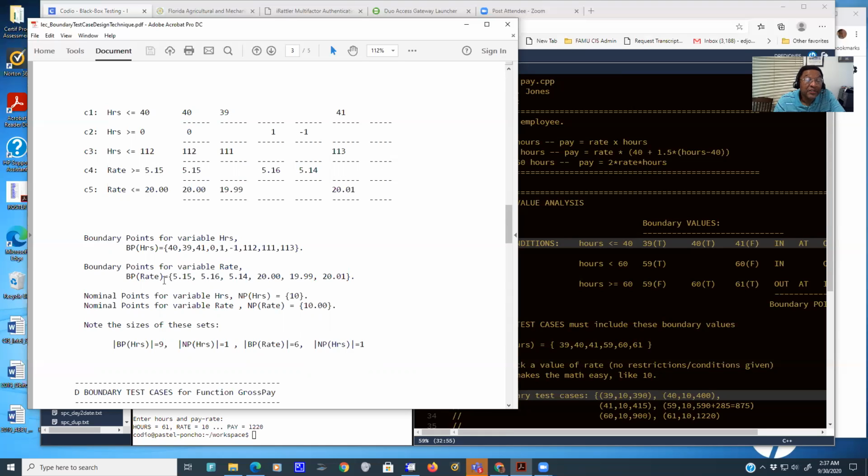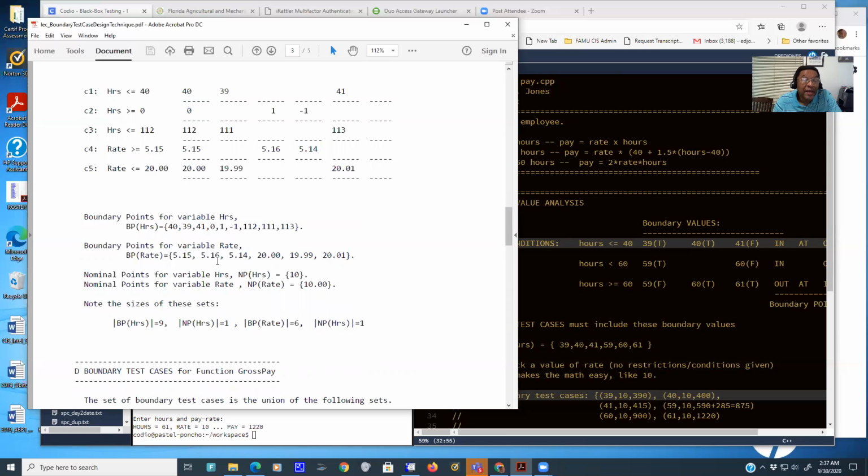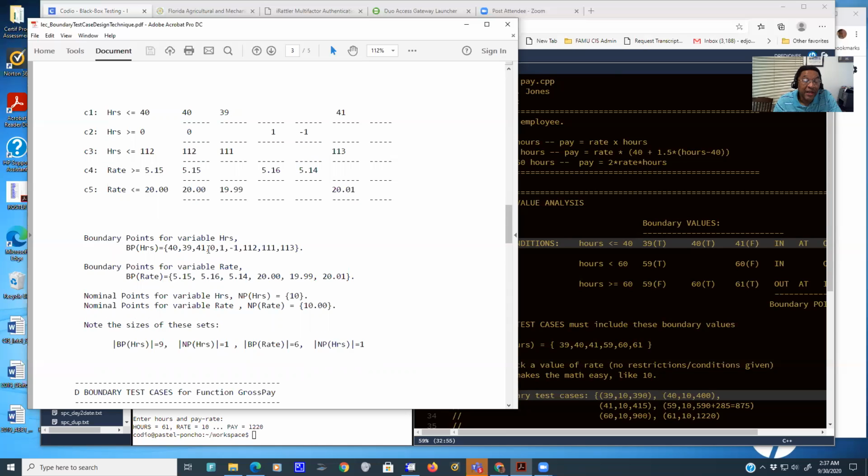And likewise, when you want to test using the boundary values for rate, you need to pick a value of hours that is not close to a boundary. These values that you pick, we call nominal points. So when you do that, you end up with how many test cases?